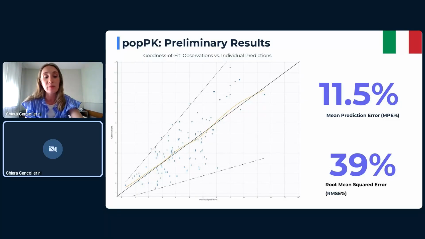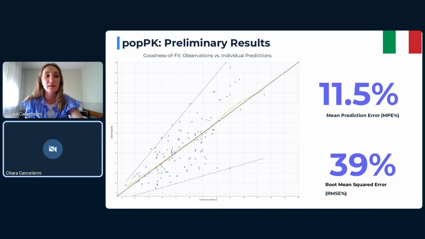And the overall precision under real-world clinical conditions was reflected by a root mean squared error of 39%. Compared to that, the final model can be considered stable. That's really important because this is a completely different hospital data set.